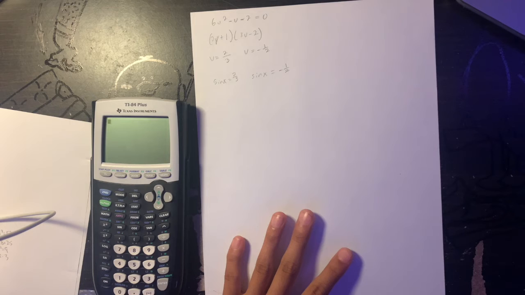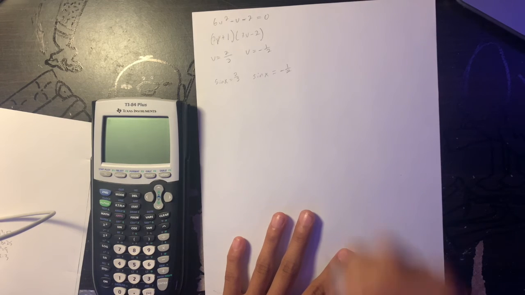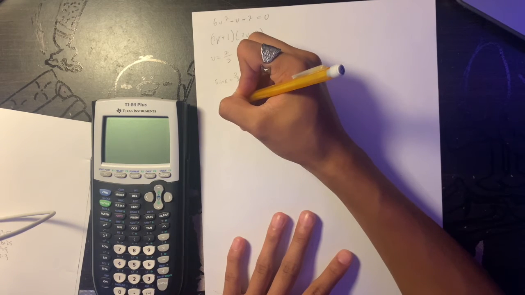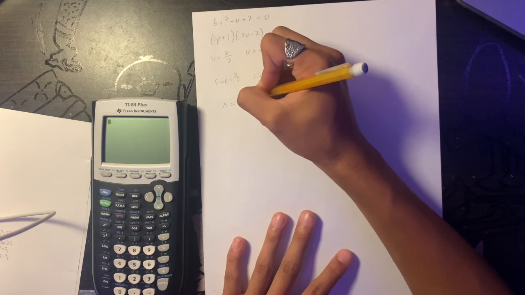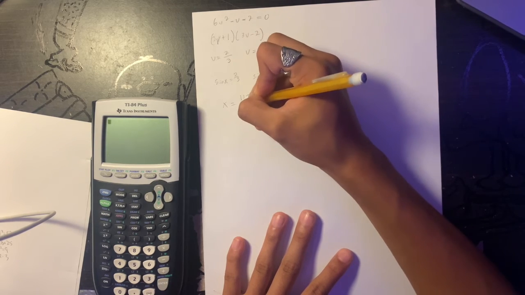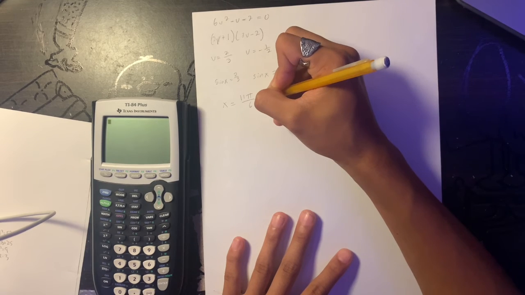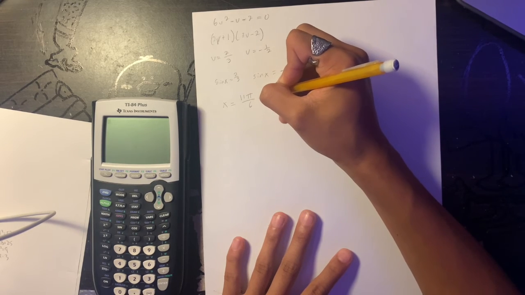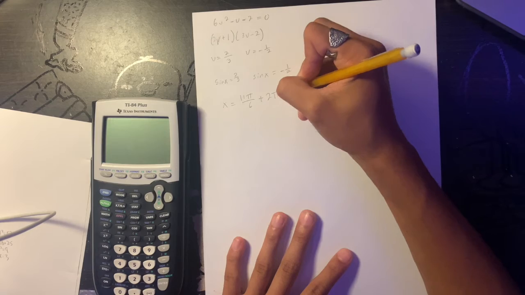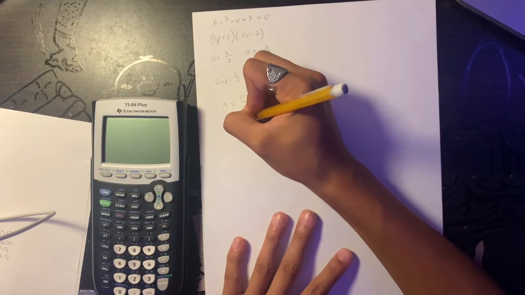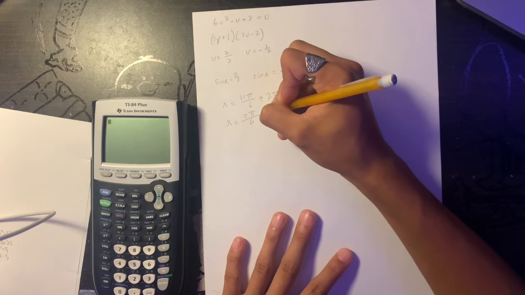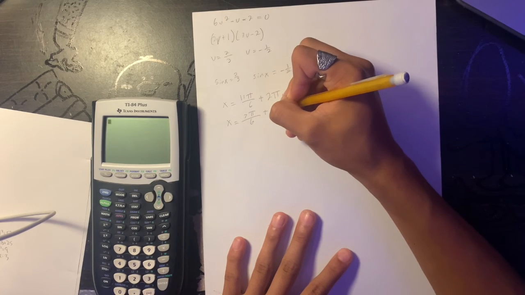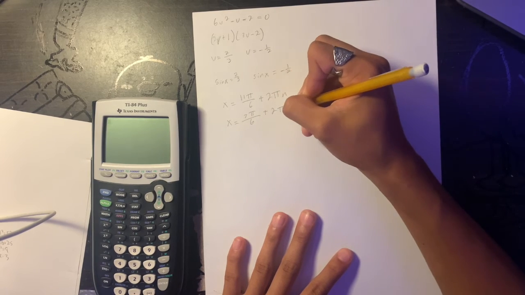So on our unit circle, x equals 11 pi over 6 plus 2 pi n, and x equals 7 pi over 6 plus 2 pi n.